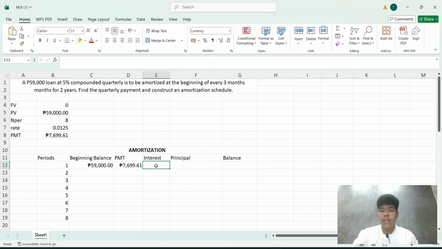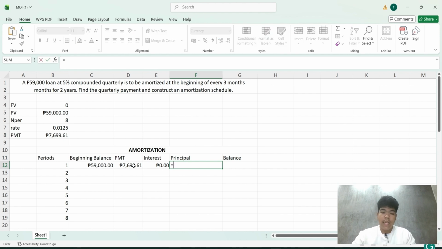Now the interesting thing about annuity due is that for the first payment there is usually no interest. So we just input 0 here in our cell. Now the principal is the difference between our PMT and our interest. So we put down the equal sign, click our PMT, then put minus, and then click our interest.